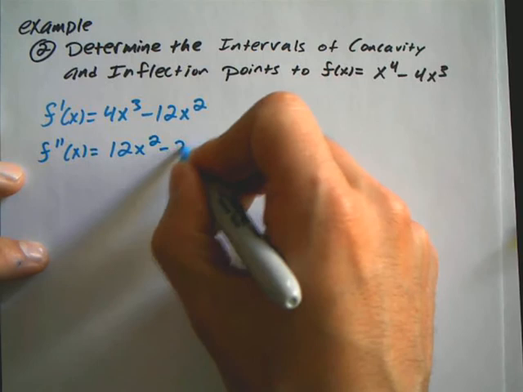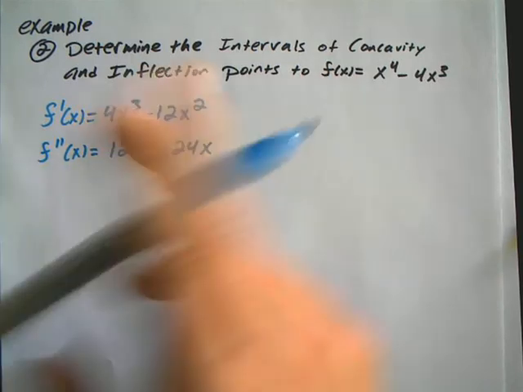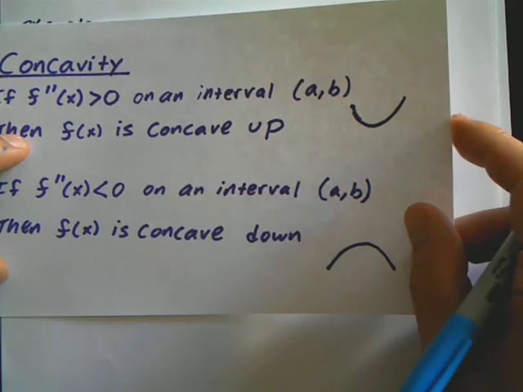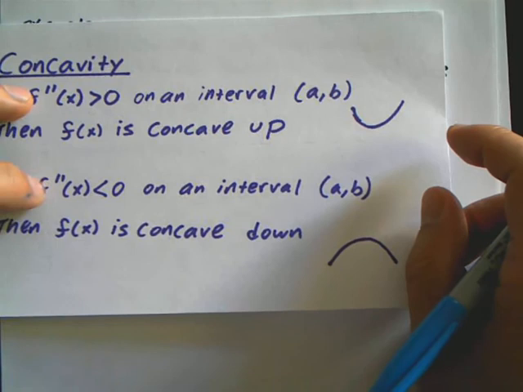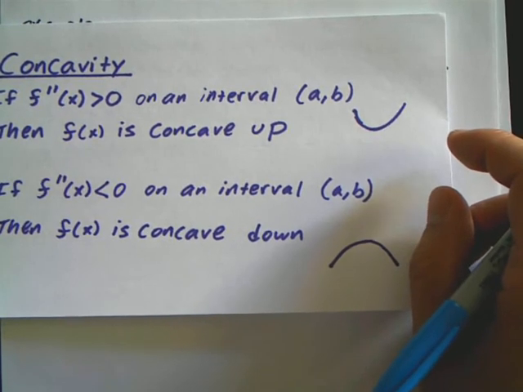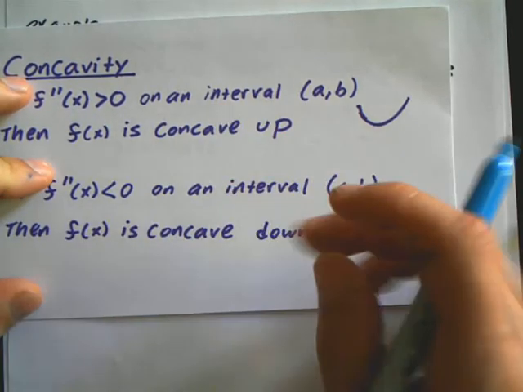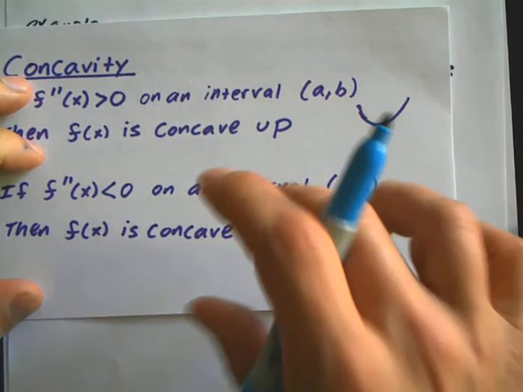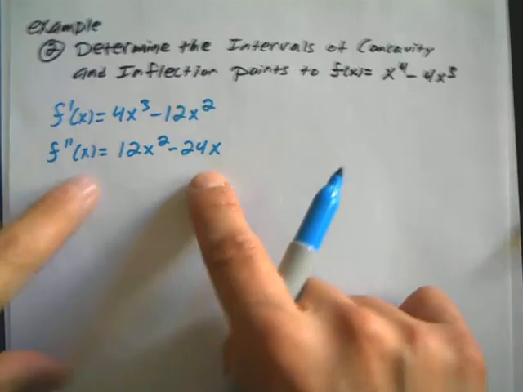Since I'm looking for the intervals on which it's either positive or negative, I do the same operation as when I was doing increasing and decreasing, where I have to find the sign analysis. I have to find the intervals where it's positive and where it's negative. But I'm doing it with the second derivative. So what I first do is set it equal to 0.